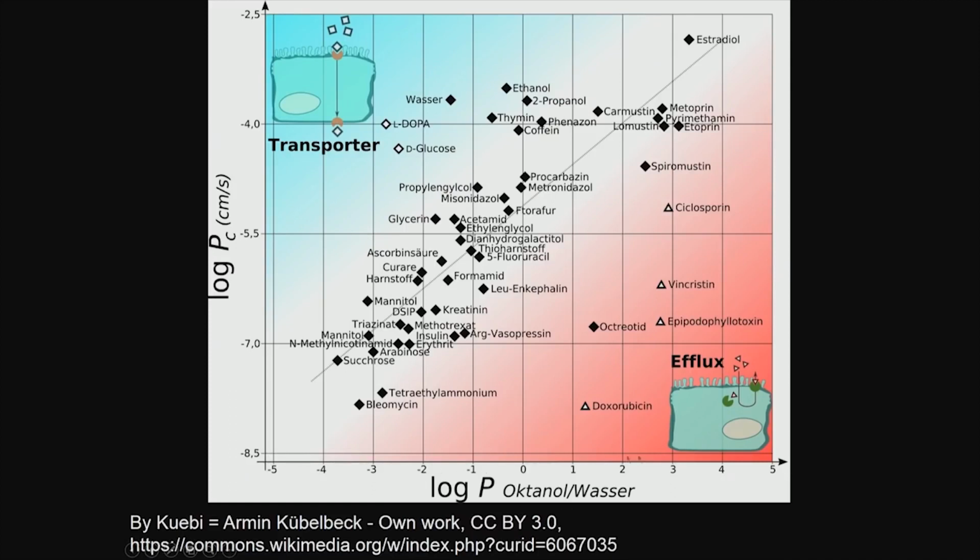As the log P increases, it becomes very hydrophobic, so it is easy for it to penetrate the barrier, and its diffusion or permeability is also very high. As the log P is very low, it is very hydrophilic, so the permeability, that is its transport in logarithm of centimeter per second, is also very, very low. So, they have drawn a sort of a linear relationship here.